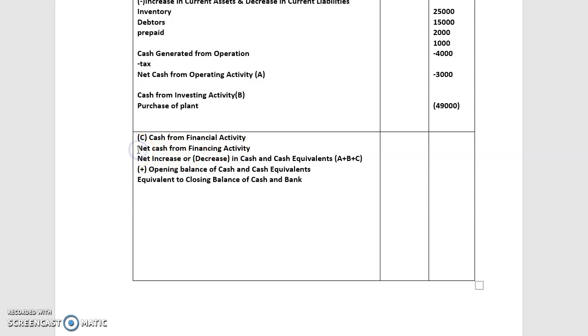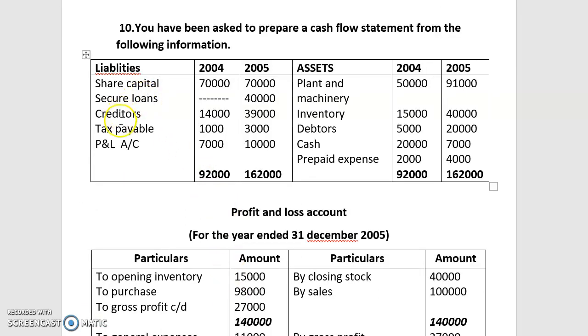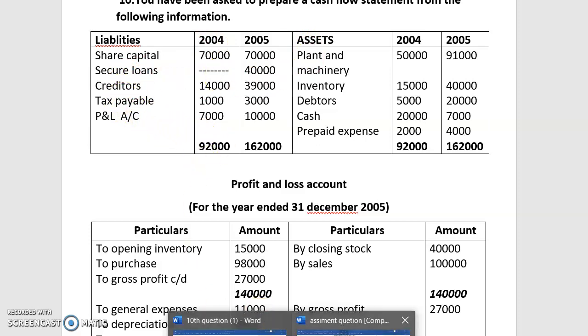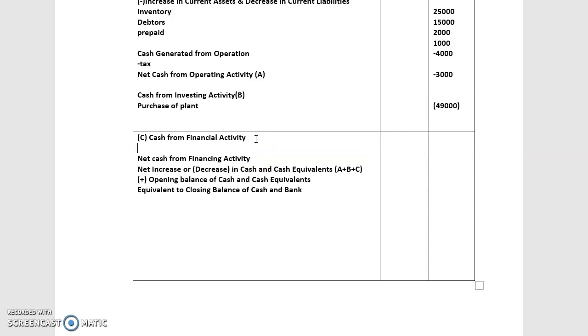Financing activity. We have financing activity. Just see the secured loan. It says nil and 40,000. The amount is increased. Then share capital 70, nothing has increased. Okay, and creditors is already done. Now in financing activity, you take the secured loan, you have to add this because the amount has increased.